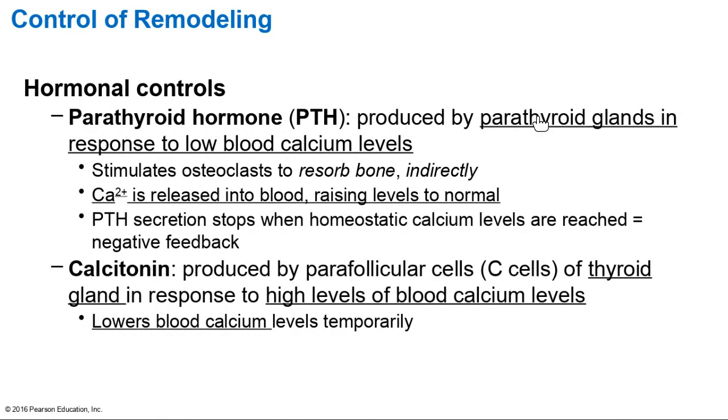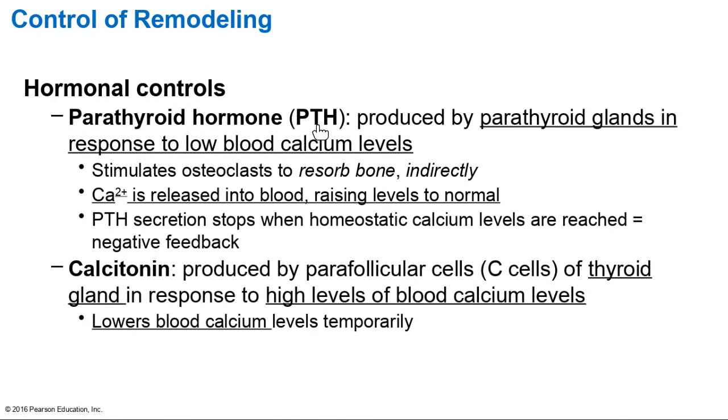If you look at the thyroid, on the posterior part of the thyroid you have these 4 little glands on the back. These are parathyroid glands. Parathyroid gland will secrete parathyroid hormone when we have low blood calcium. You must know this. When we have low blood calcium, parathyroid hormone is released by parathyroid glands. This parathyroid hormone is then going to have effects in several areas.